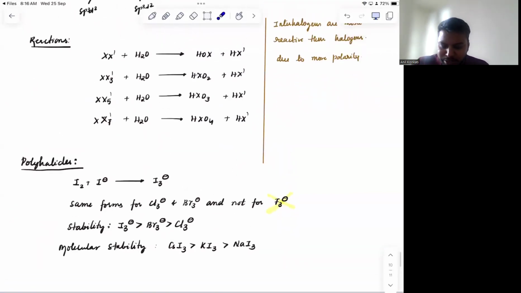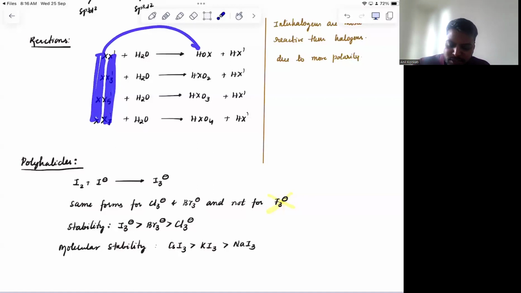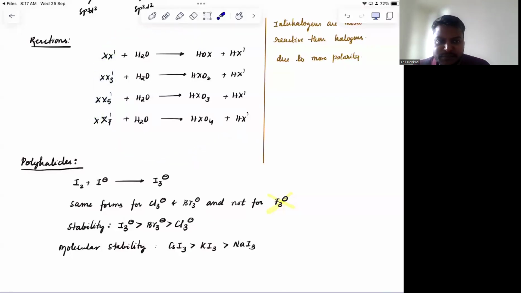Now, one thing you need to notice while writing the interhalogens: the one which we write on this side will always be more electronegative. On the left hand side, what you write will always be less electronegative. So the less electronegative ones will always become oxoacids. More electronegative ones will always make hydroacids. Okay. So even if you have that confusion, just keep in mind which one to get first.